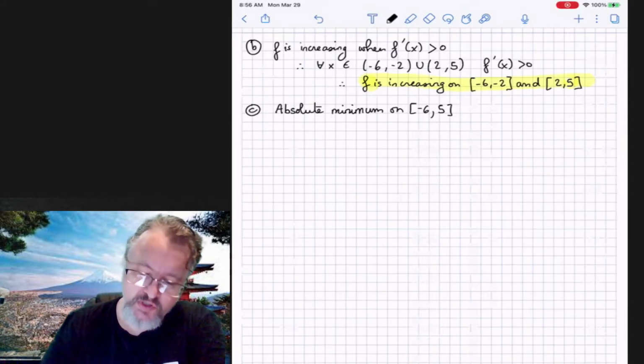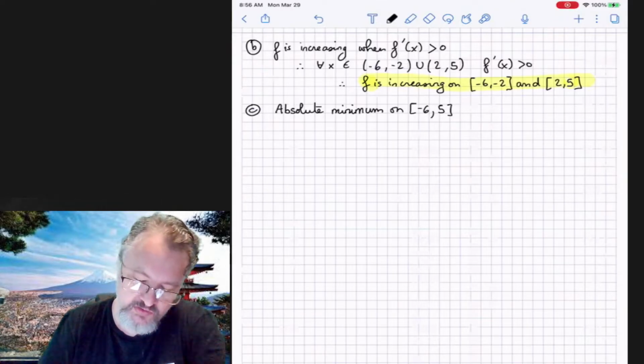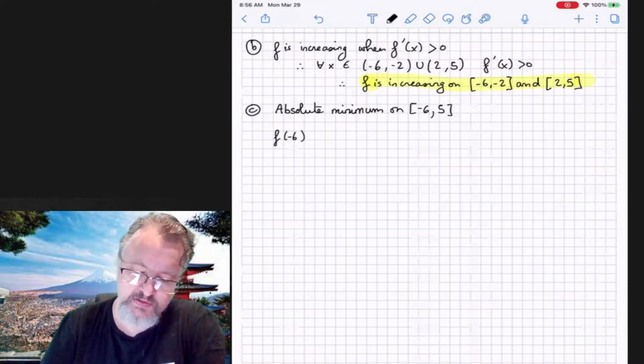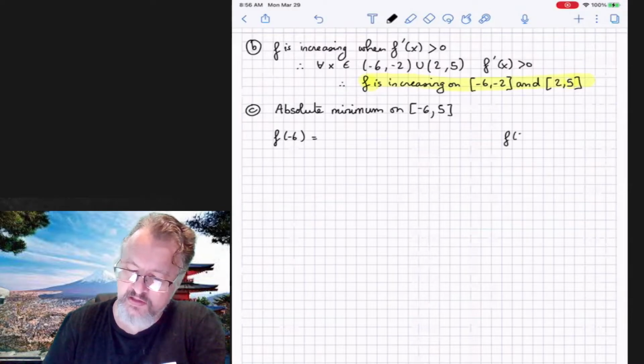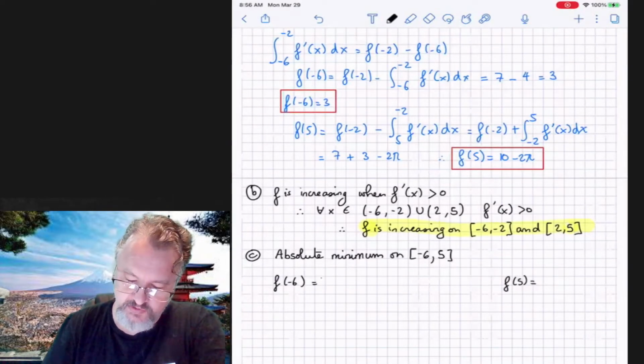Okay, so we're going to have the boundaries. So the absolute minimum is going to happen at -6, at 5. And guess what? That was the first question. We already did that. This one was 3. This one was 10 minus 2 pi. Okay.